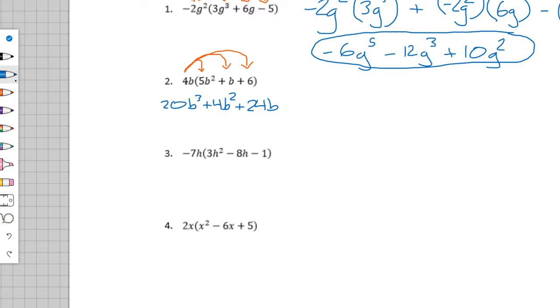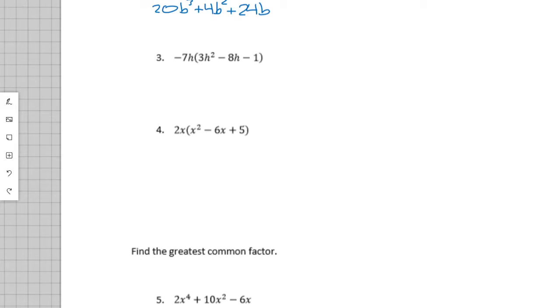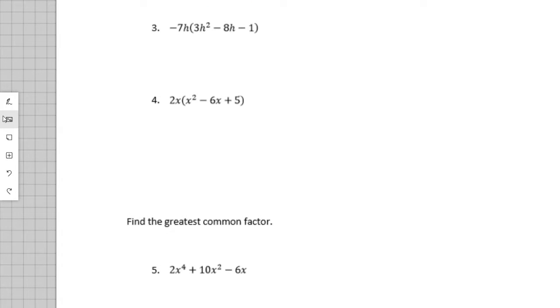Alright, and then we're going to go to the next one. So again, we're just going to distribute. So negative 7h, 3h squared. I'm just going to draw the one arrow, but you distribute to each term.